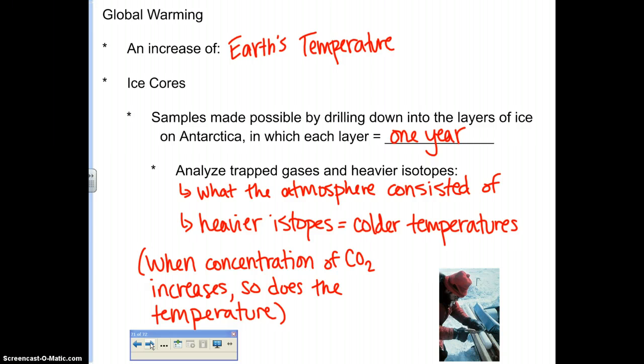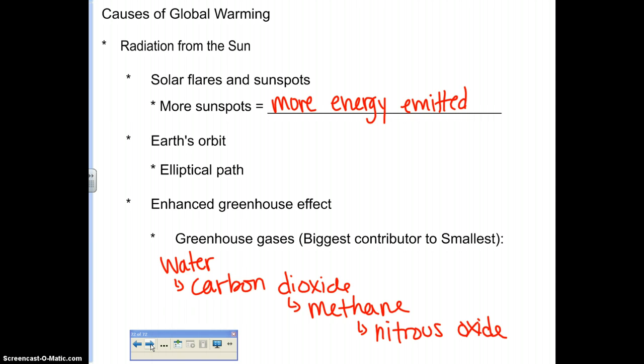The heavier isotopes will indicate colder years, i.e. colder temperatures. When the concentration of CO2 increases in each of these cores, you will see an increase in temperature. So what they can analyze is the amount of CO2 per layer. Low amounts of CO2 mean colder years, which means heavier isotopes, whereas higher temperatures mean higher concentration of CO2.